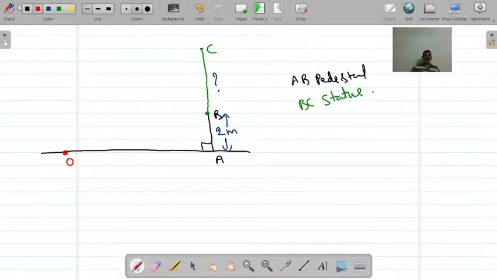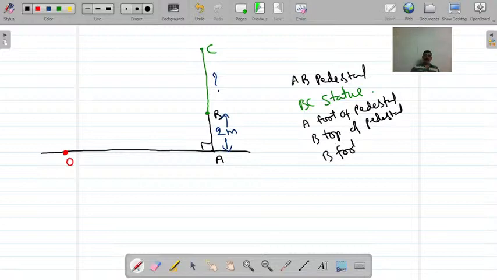From here, now you see in AB, A is the foot of the pedestal and B is the top of the pedestal. And also B is the foot of the statue. Here don't get confused. Top of the pedestal is the foot of the statue and C is the top of the statue.